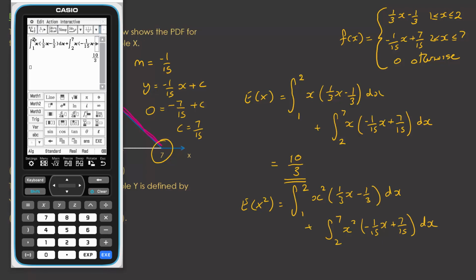Now we could grab the whole of that top line here and drag it down to here, and then all we need to do is edit that to x squared, and this one here to x squared, and that gives me 77/6.